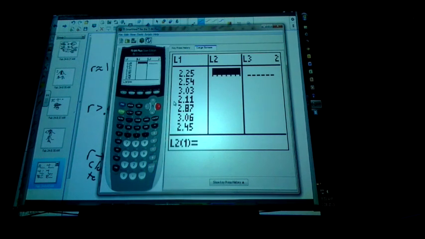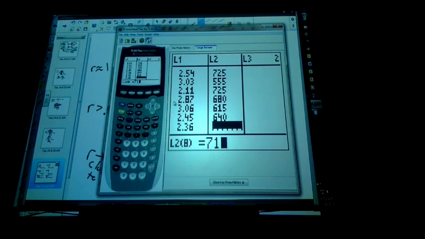All right, and then in list 2, I need to make sure 2.25 goes with 760. 725 goes with 2.54. 555 goes to 3.03. 725 goes to 2.11. 680 goes to 2.87. 615 with 3.06. 640 with 2.45. 710 with 2.36. 685 with 1.96.